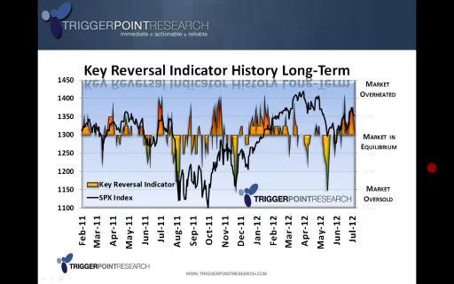Now here's the long-term history of the same thing, a little more complicated to look at, but I want you to stare at this for a second. I think this is a very important thing to look at. I want you to see the extremes. At the end of May, we had a severely oversold market.